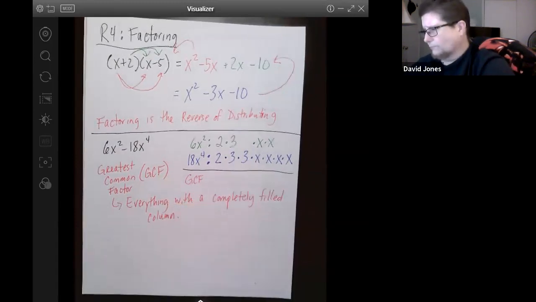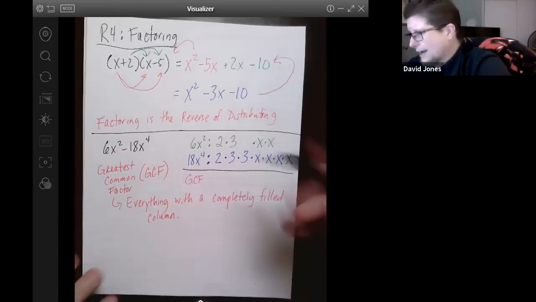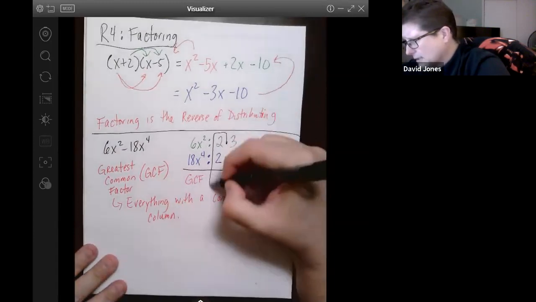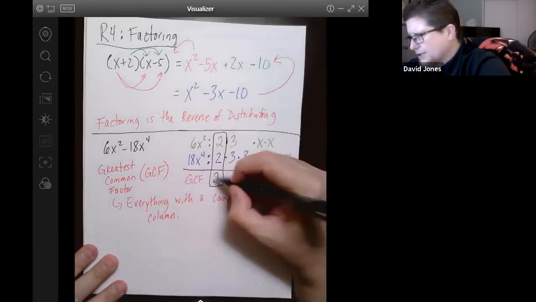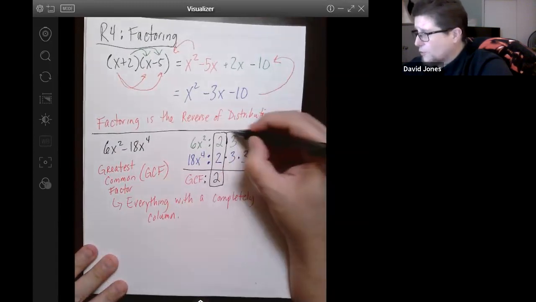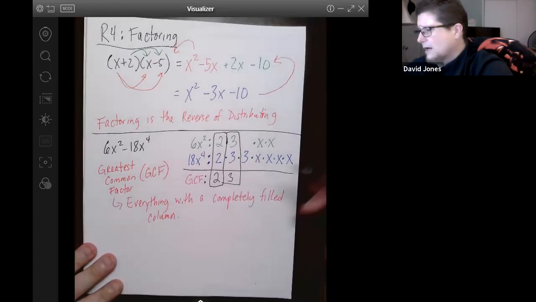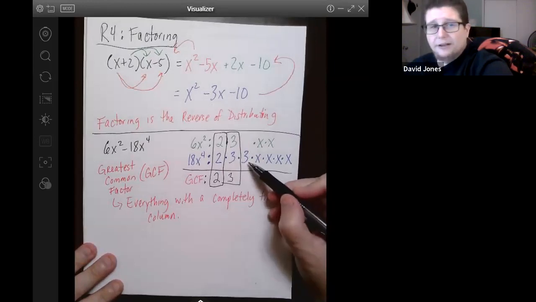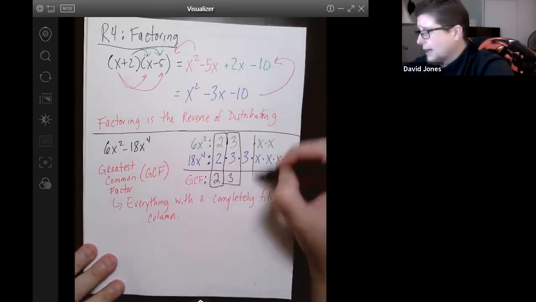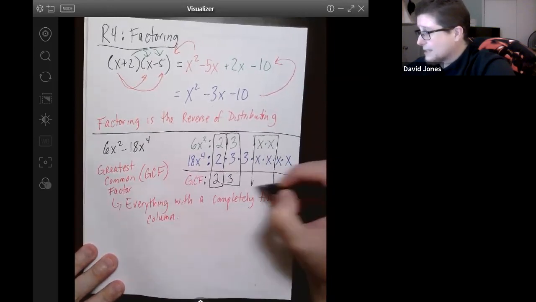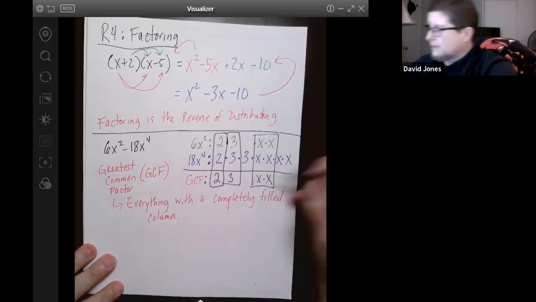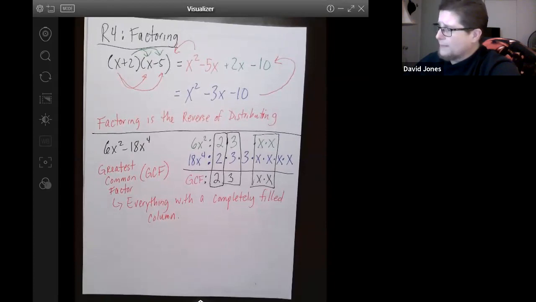I've got 2's, so I'll have a 2 in my GCF. The 3 column is completely filled, so I'll have a 3. This other 3 is not completely filled, so we won't have it. And then we'll have these 2 x's. Then you take them and multiply them together.